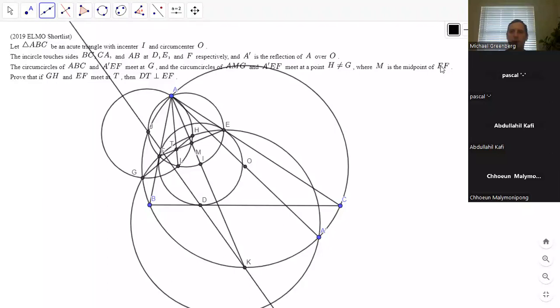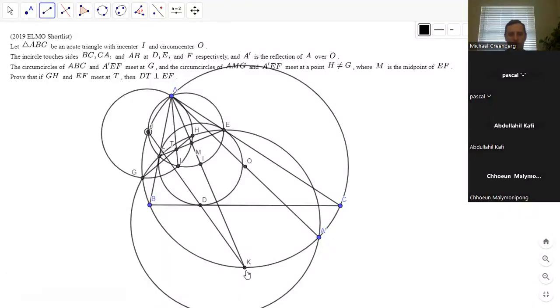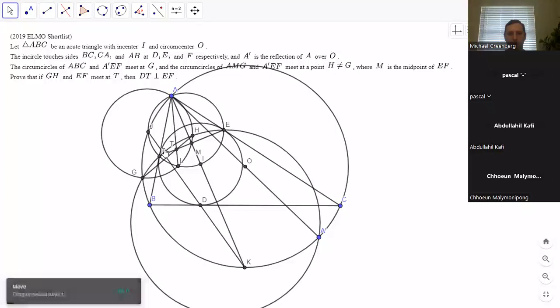So yeah, actually, it's a well-known fact that J, D, and K are collinear. So I proved that in my video on the Sharkydevil lemma.